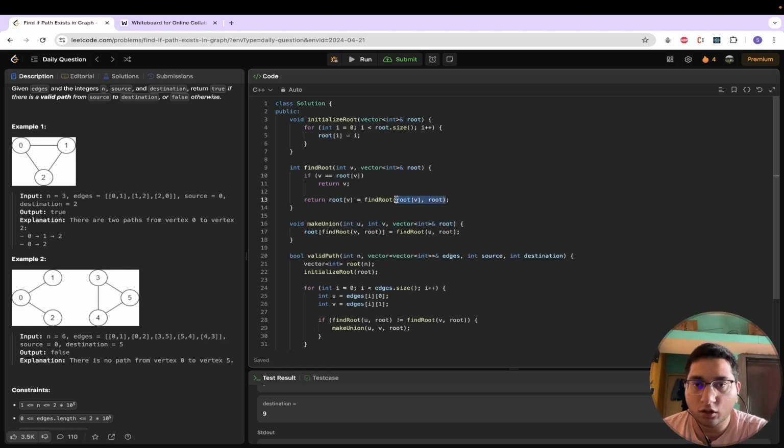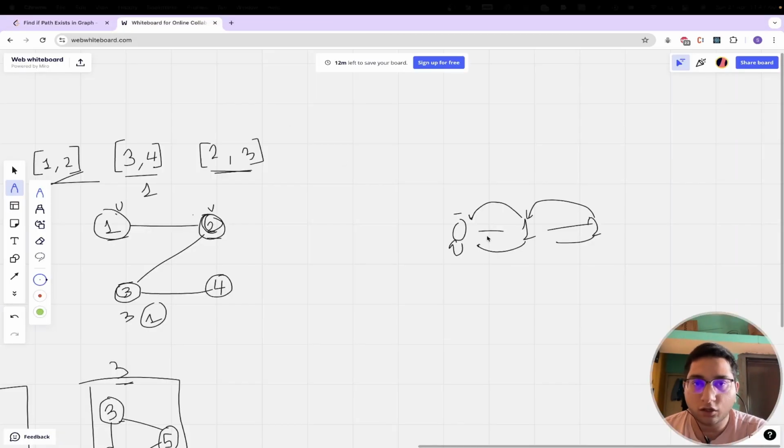Now while returning the value, I will be setting all the root values again to the root of the whole graph. So after the second iteration 1 will be pointing to 0, and in the return value it will return 0 over here, then 2 will directly point to 0.